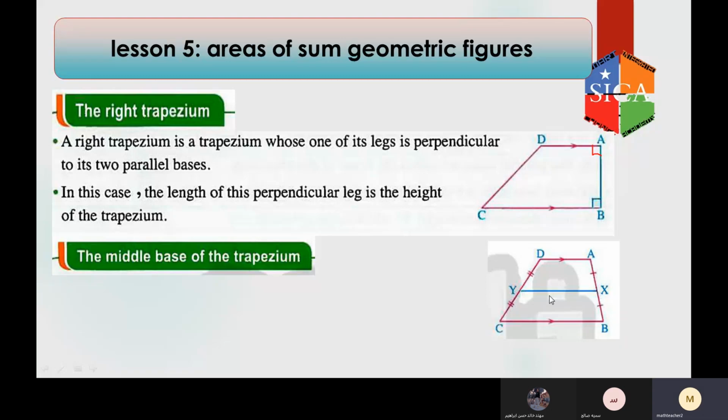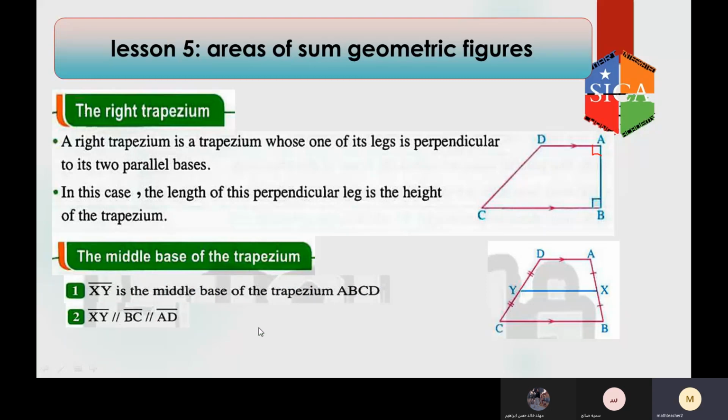XY is parallel to BC and AD, and XY equals half AD plus BC. Then this XY is called the middle base.